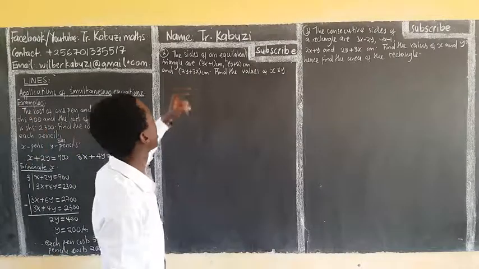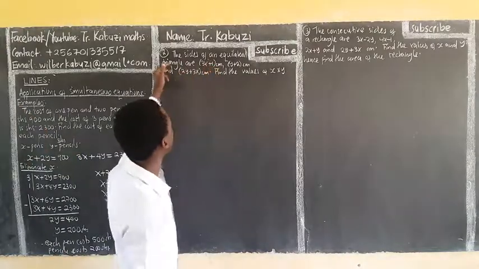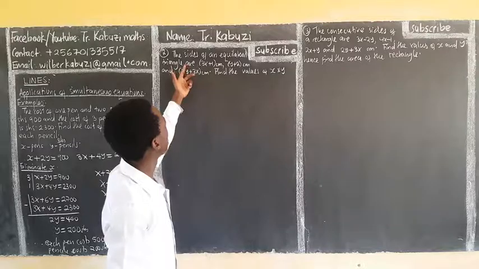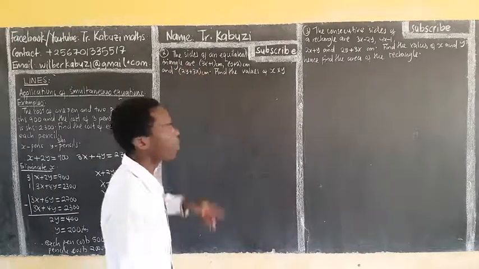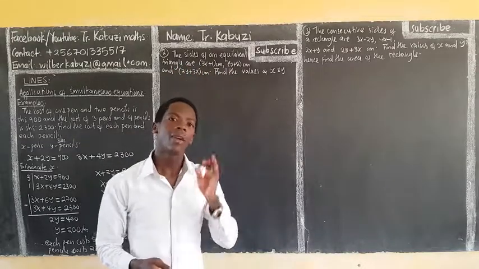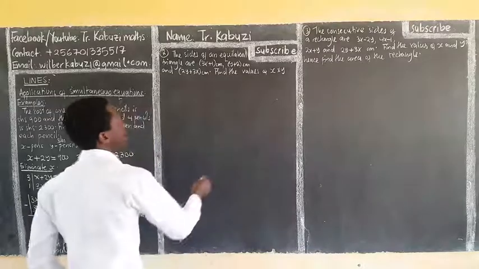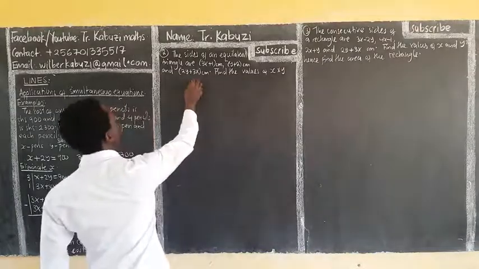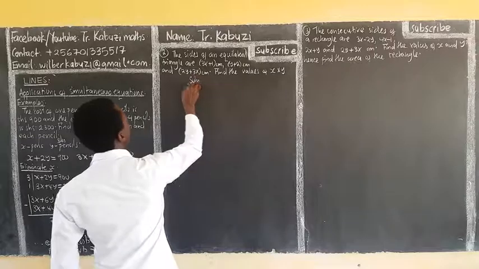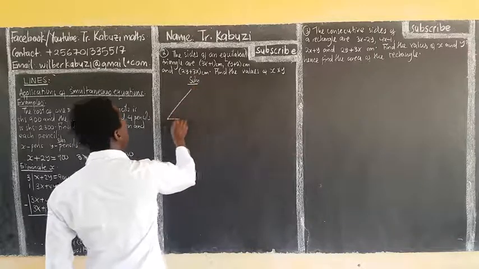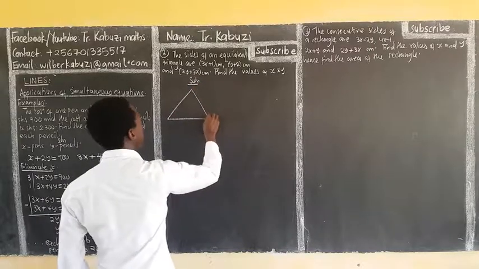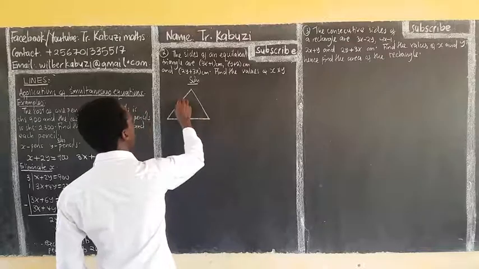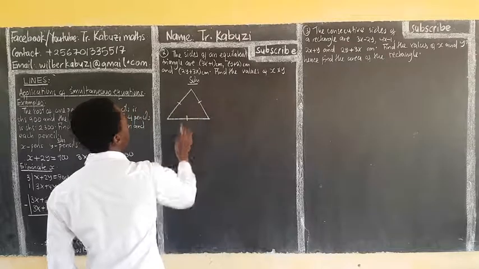Now the next question tells us that the sides of an equilateral triangle are these. When they say equilateral triangle, it means all sides are equal. They are testing you to see if you know some properties. An equilateral triangle has all sides equal.